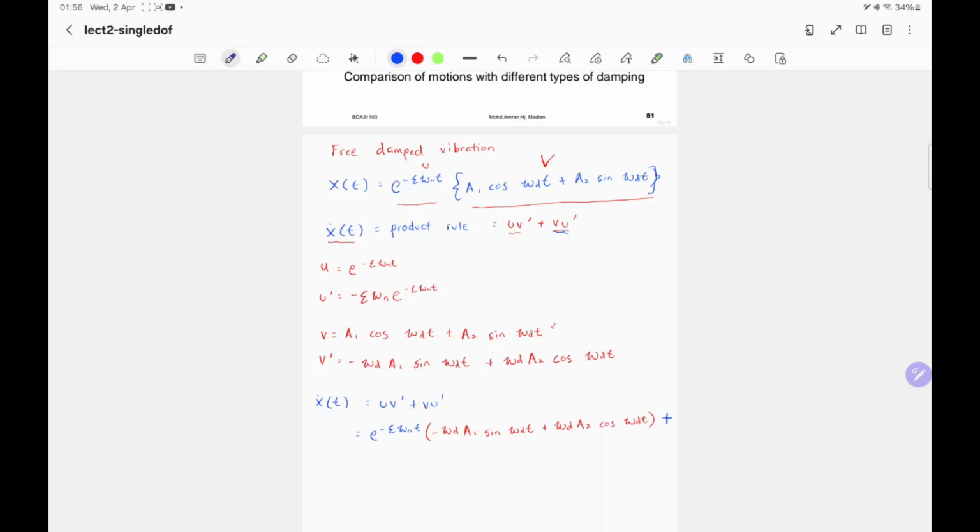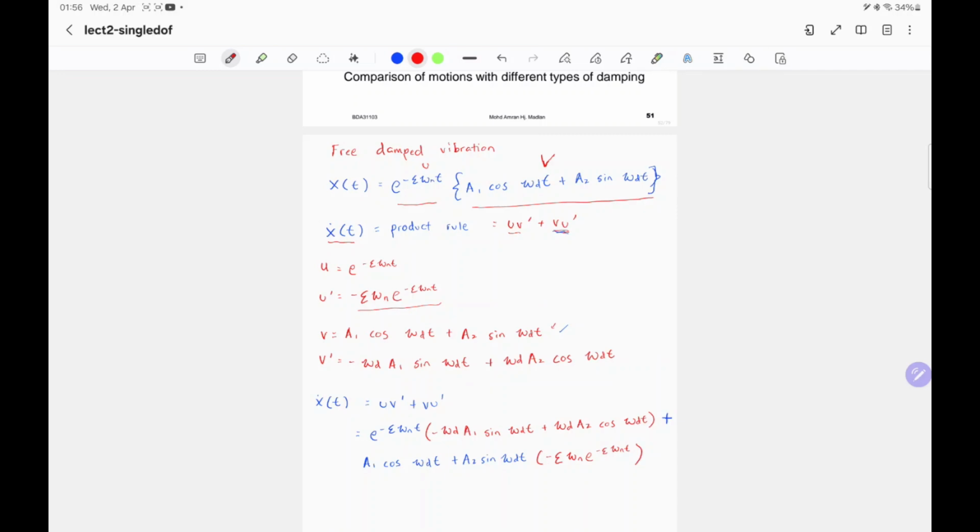So v is a1 cos omega d t plus a2 sin omega d t, multiplied with u prime, which is negative zeta omega n e to the power of negative zeta omega n t.